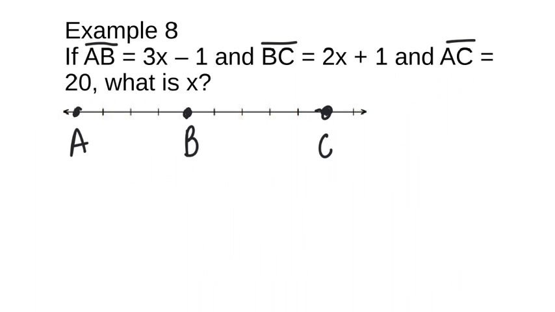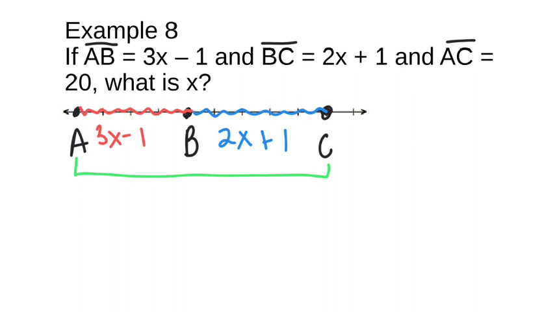Alright, if AB equals 3x minus 1 and BC equals 2x plus 1 and AC equals 20, again, what is x? So AB, this chunk here from A to B, is 3x minus 1. From B to C, they said was 2x plus 1. And AC from A all the way to C, they said was 20.